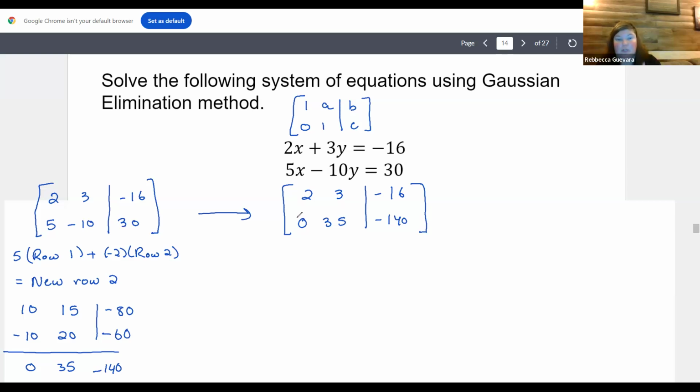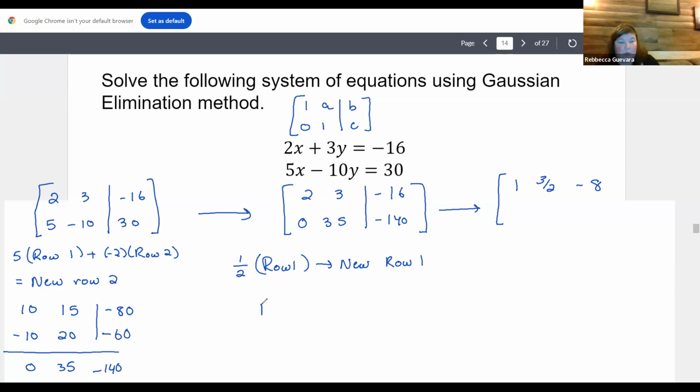So now to get those ones, I'm going to take row 1, and I'm just going to divide everything by 2. That's going to be my new row 1. So if I do that, I should end up with 1 here, 3 over 2 here, and then this would end up being a -8.